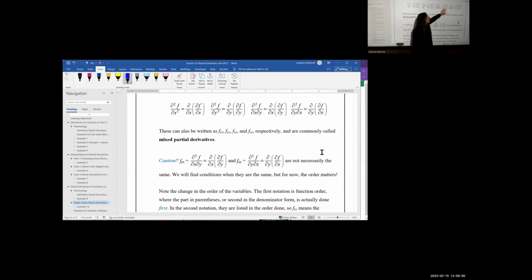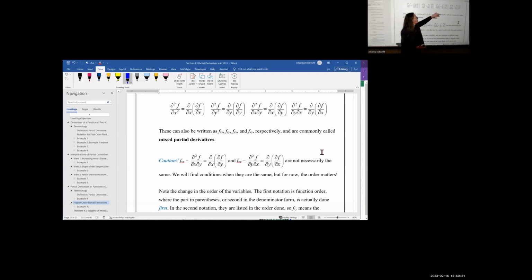However, over here, this is where it gets confusing. Which of these went first? When you're looking at this third one, was it the partial with respect to x or the partial with respect to y? It actually is backwards. This is one of the few times in mathematics that we go right to left, not left to right.